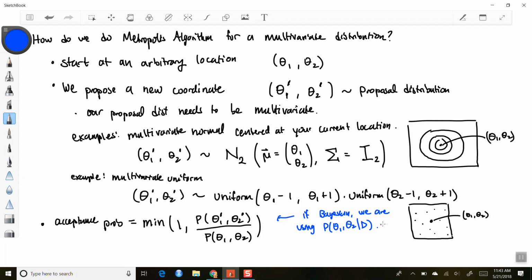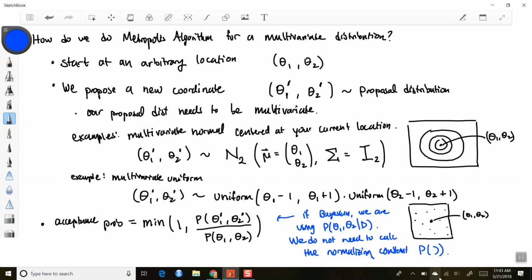And because of the ratio, we do not need to calculate the normalizing constant, the probability of the data, right?